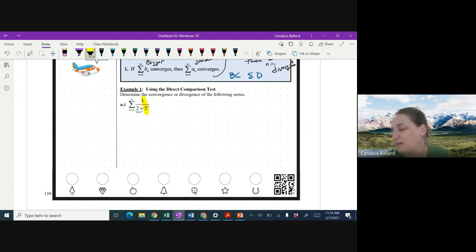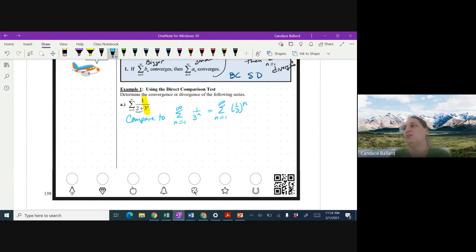So my simpler thing looks like it's right there, so I'm going to compare to the sum as n equals 1 to infinity of 1 over 3 to the n, which I could rewrite as the sum from 1 to infinity of (1/3) to the n power.